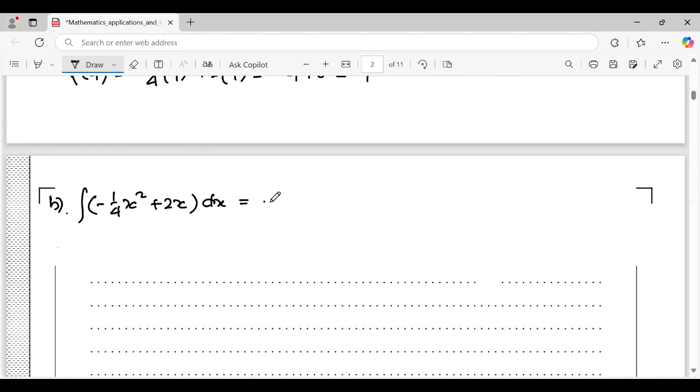So the integral is -1/12 x cubed plus x squared plus c.